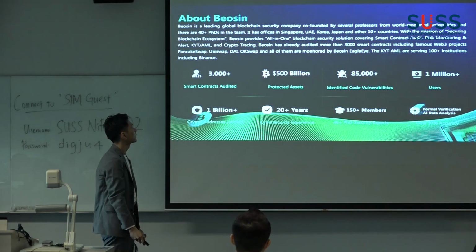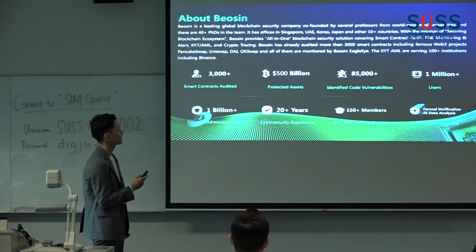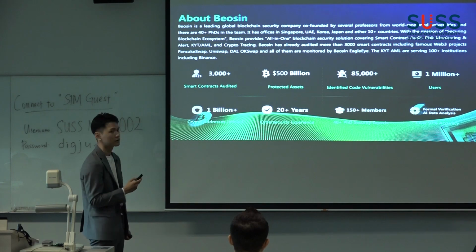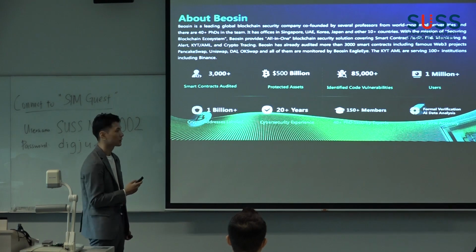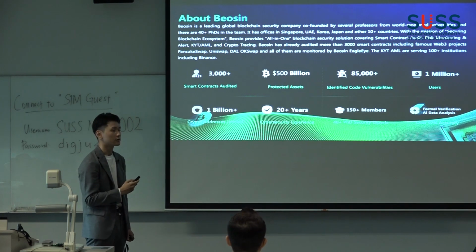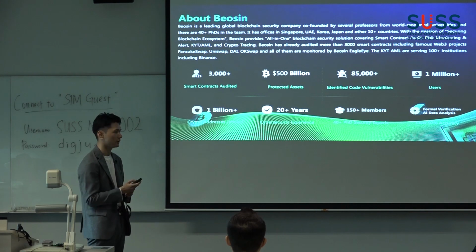Okay. So our company is focused on smart contract security audit. We provide smart contract auditing and also monitoring service to various cryptocurrency projects. In addition, we provide asset tracing and recovery service to, for example, people who lost assets, or exchanges who want to comply with anti-money laundering requirements.